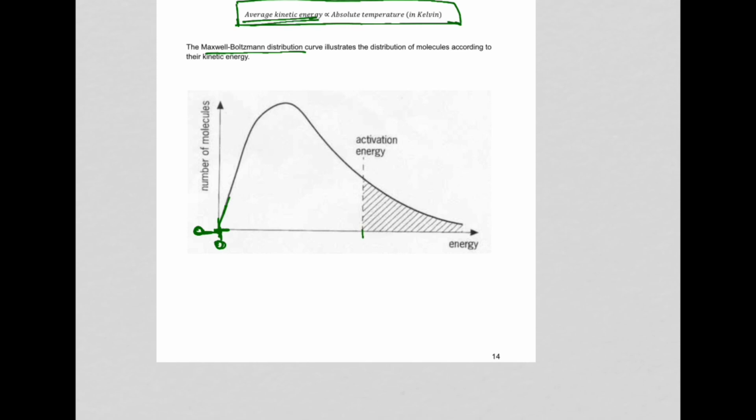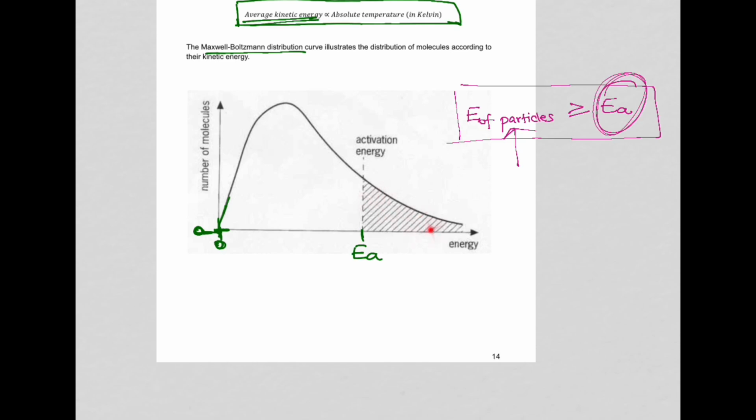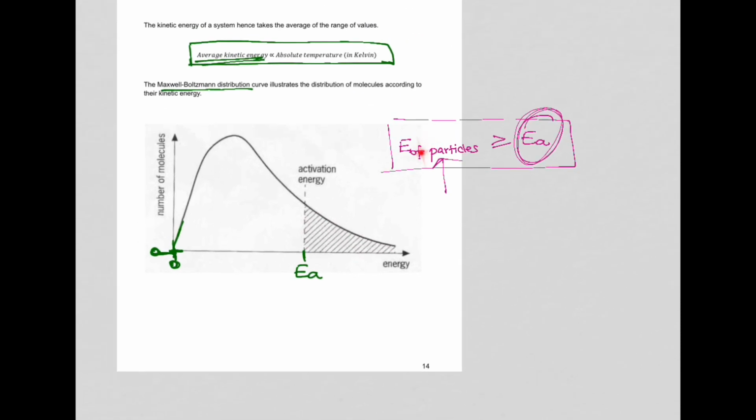And here, this is the activation energy. And the shaded part over here tells you the number of particles that have energy greater or equal to activation energy. So these particles would actually react during a reaction, and these particles will not react. Now, as temperature increases, what happens?